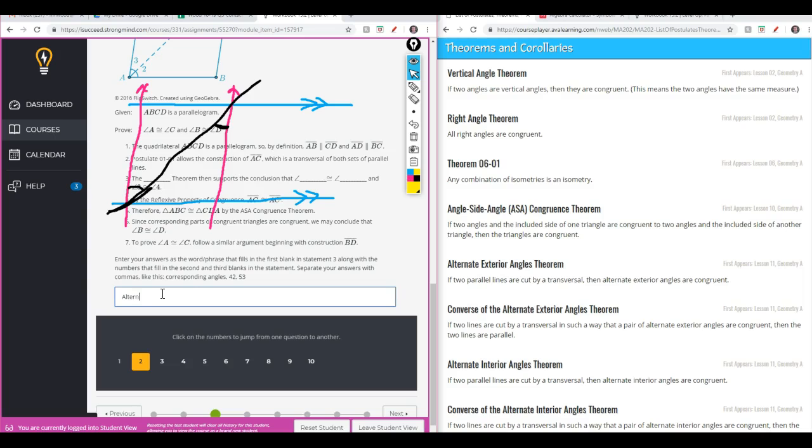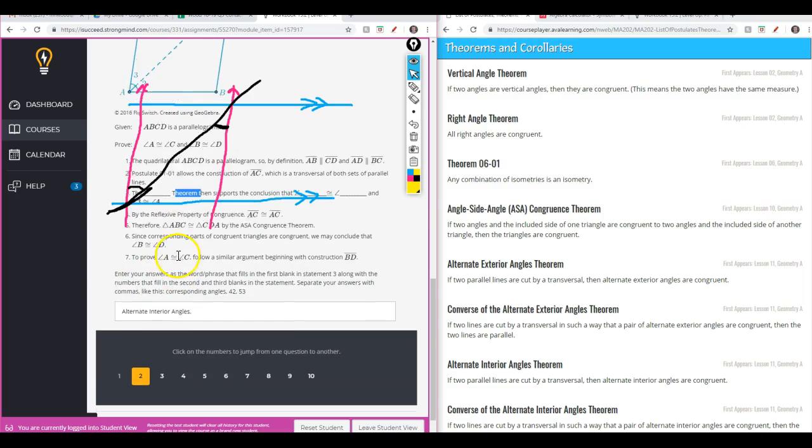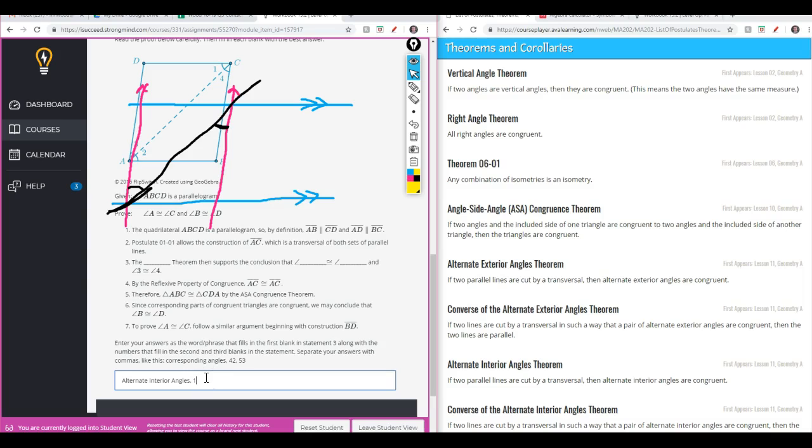Okay, alternate interior angles theorem. I'm not typing theorem because it's already there. And then comma space angle 1 and 2. So just 1, comma, space 2. So that's how you would answer this question.